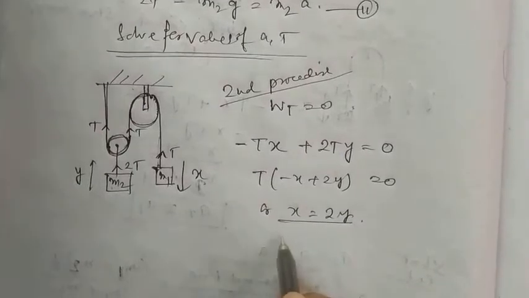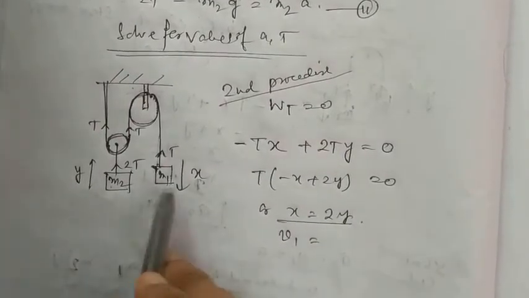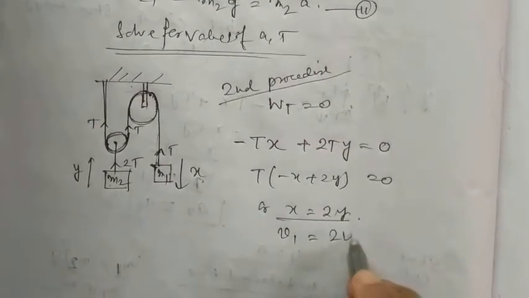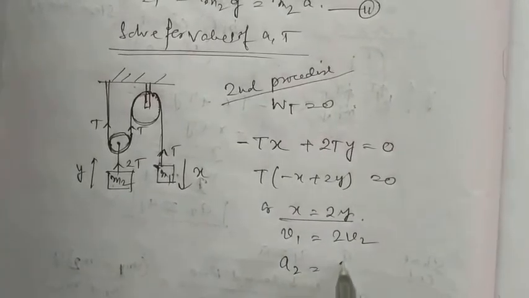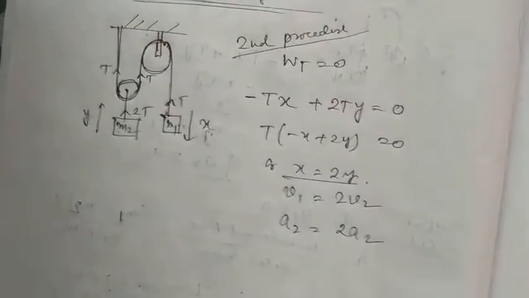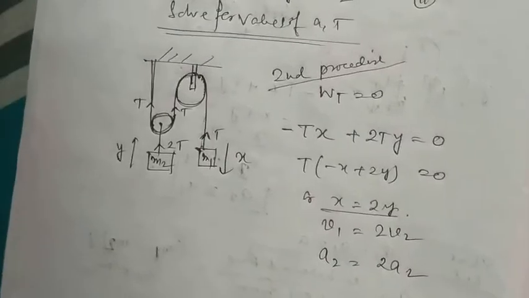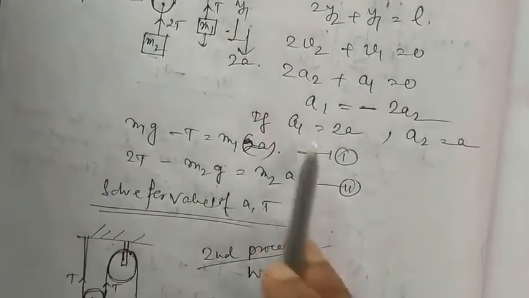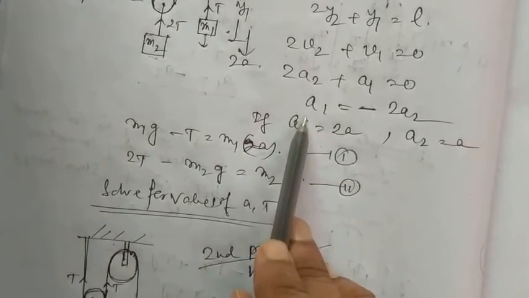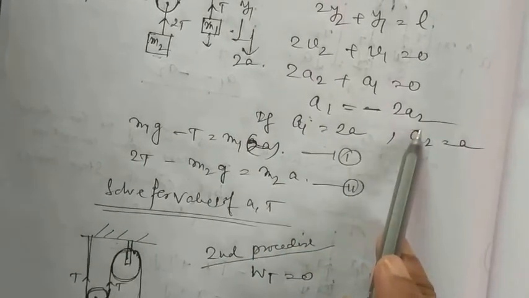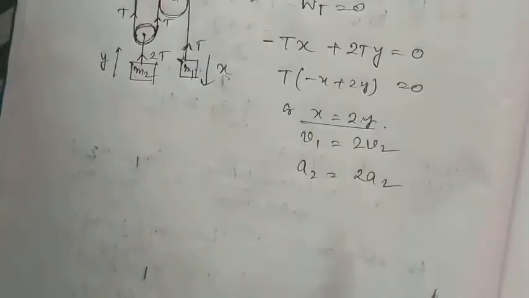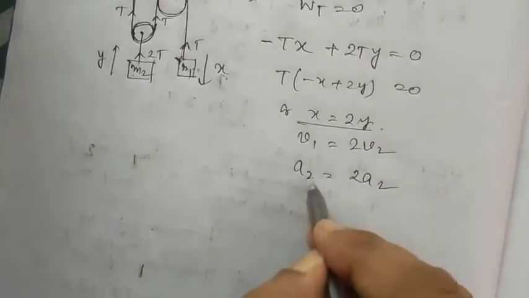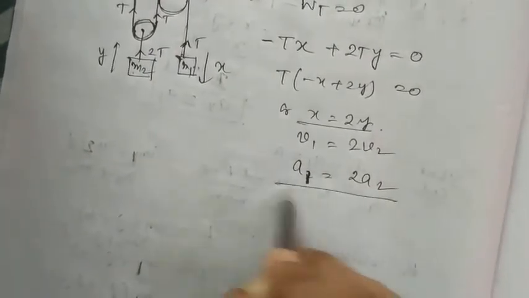Differentiating, we get v1 is equal to 2v2, and a1 is equal to 2a2. Now we had arrived at the same relation using the previous procedure also. a1 is equal to minus 2a2. Here also a1 is equal to 2a2.